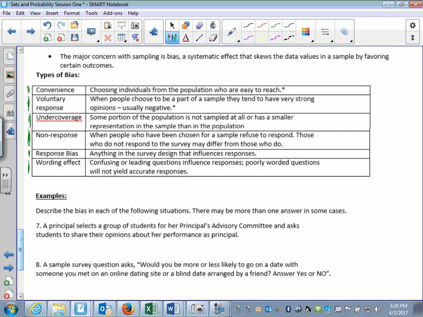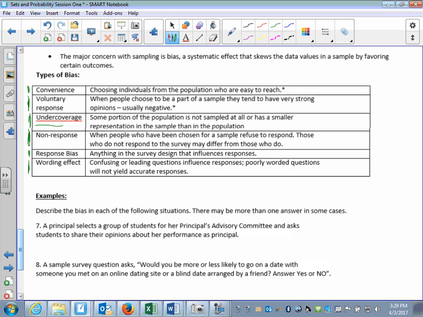First of all, it doesn't say how this advisory committee was selected, but most likely it was selected of people who were doing well at school, the movers and shakers, and so perhaps there would be an undercoverage bias, and the group of students that are not doing well in school would be underrepresented. I think that'd probably be the best answer to that one.